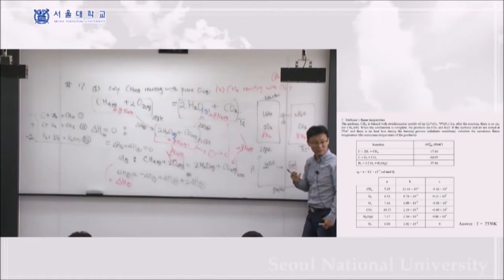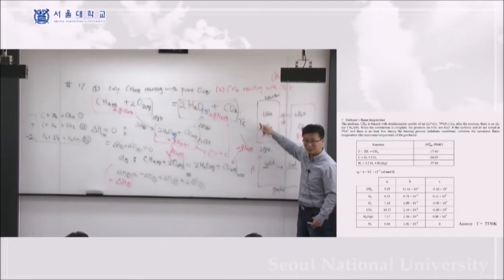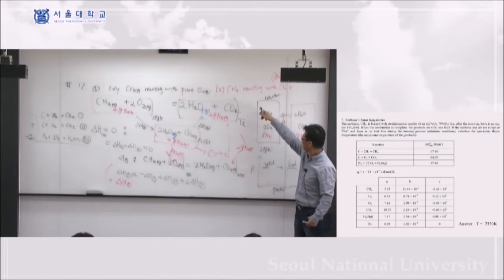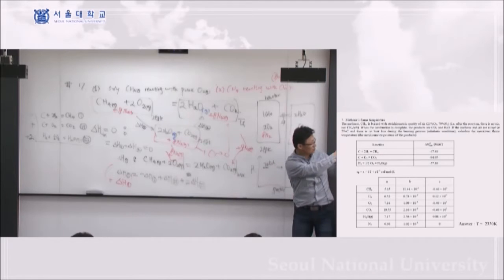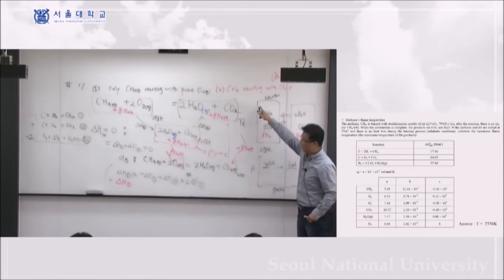That's one thing we can think about. The other thing I can think about is that this reactor has a certain material. So let's assume this reactor is iron, Fe, or whatever can sustain the temperature, for example Al2O3.